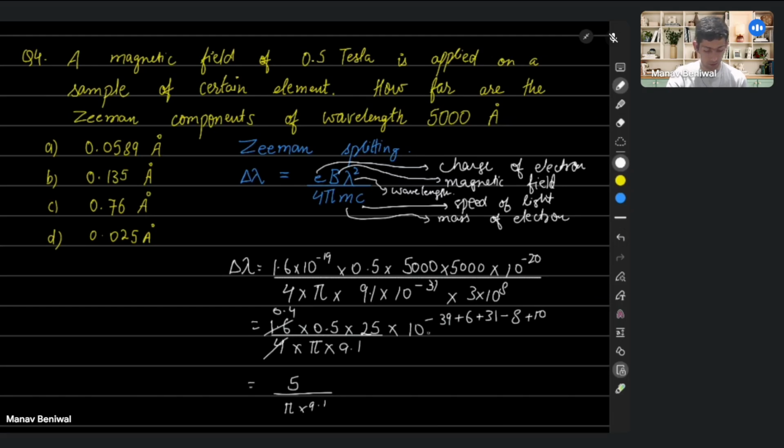Minus 39 plus 31 is minus 8, and minus 8 is minus 16, minus 16 plus 16, so basically 10 to the power 0. Now let's pull out our calculator.